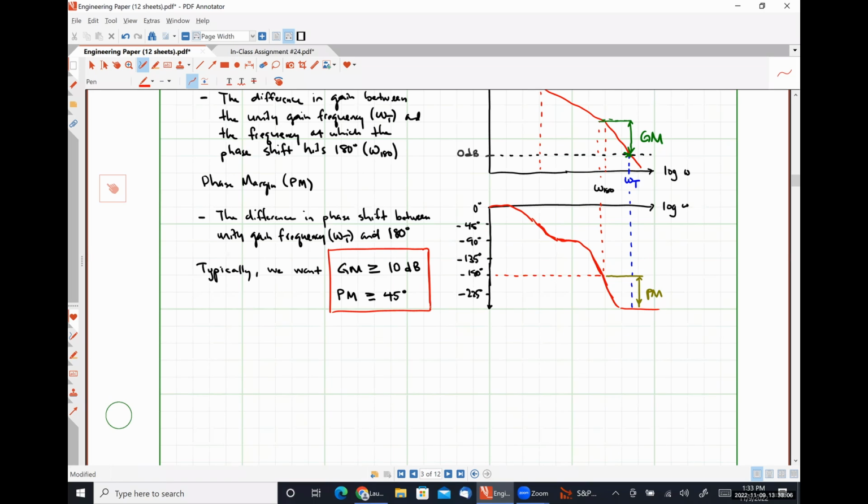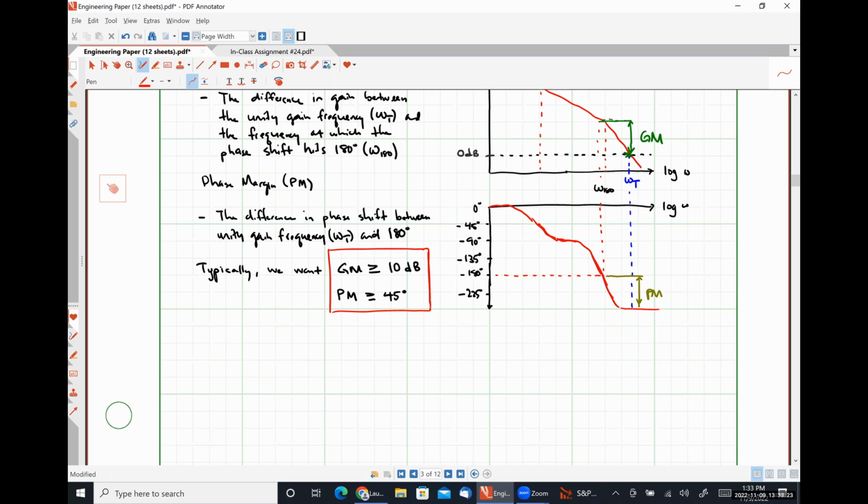So these effectively are the criteria that will guarantee a stable system, because it would require a very large perturbation to push us out of this operating point.